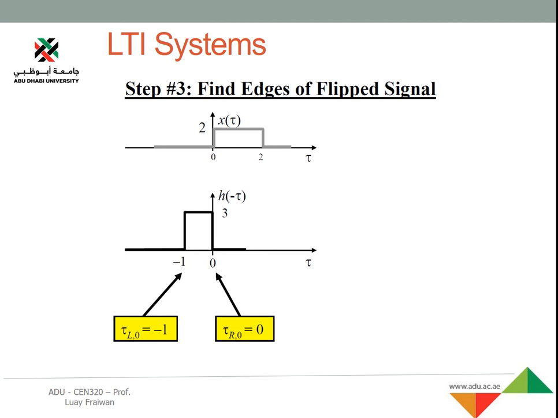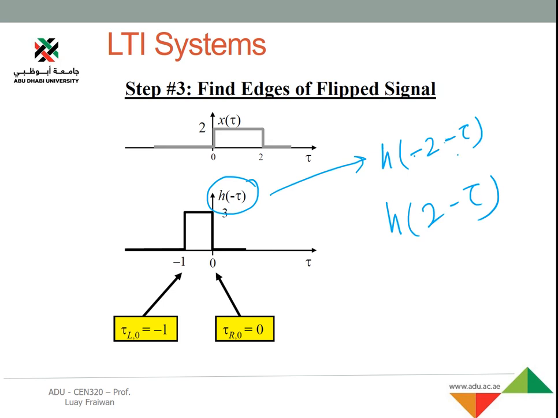You have to plot this h of minus tau. Now let's say I want to plot h of minus tau shifted: h of minus 2 minus tau, and h of 2 minus tau. What will the plots look like?